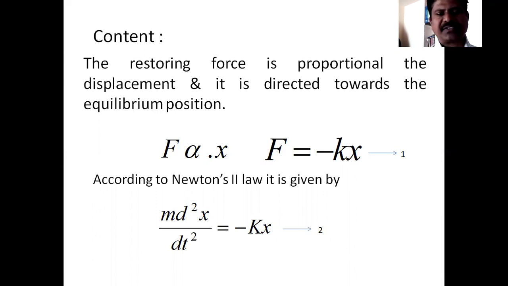At any instant of time, if the acceleration of the particle is proportional to the displacement and is always directed towards the mean position, then it is said to be a simple harmonic motion. Examples are the oscillation of a simple pendulum, the vibration of a diatomic molecule, or the vibration of atoms in a crystal lattice.